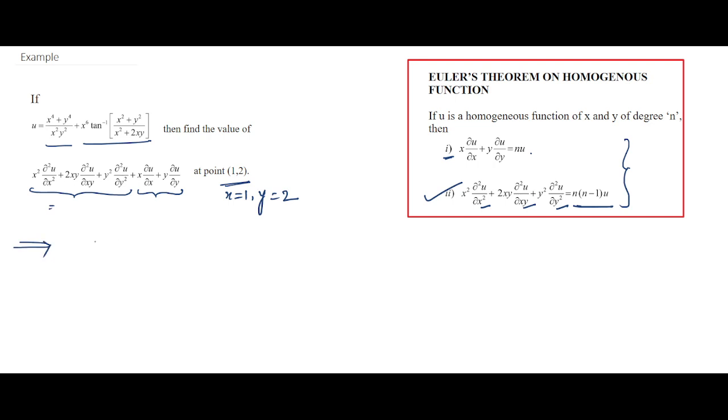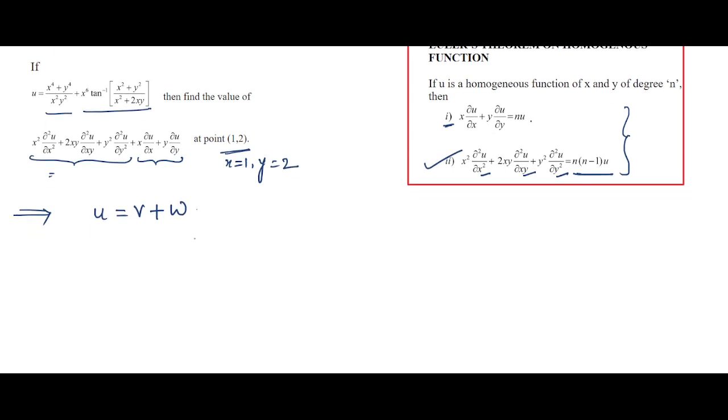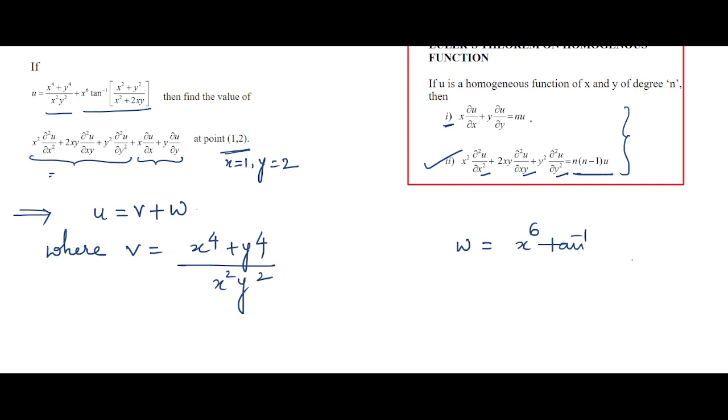So again we will consider u as v plus w, where v is equal to the first term, (x raised to 4 plus y raised to 4) upon x square y square, and w is x raised to 6 tan inverse of (x square plus y square) upon (x square plus 2xy).